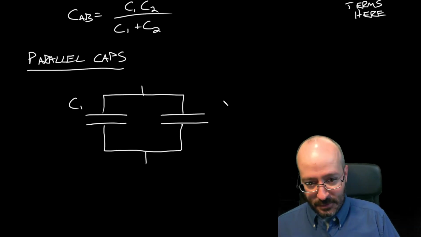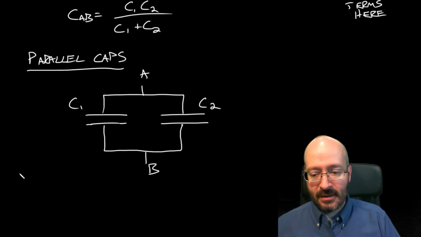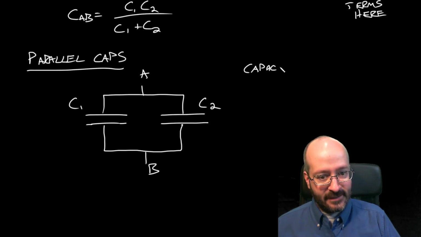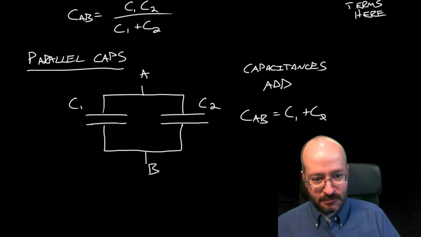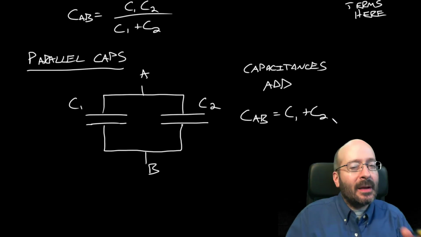For this one we have C1 and C2, A and B, and when they're in parallel, it's much simpler. Capacitances add. So CAB in this case is going to be C1 plus C2. Done.